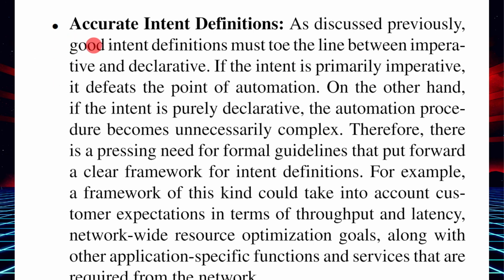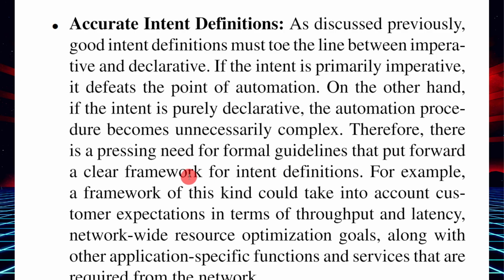The first is accurate intent definitions. As discussed previously, good intent definitions must toe the line between imperative and declarative. If the intent is primarily imperative, it defeats the point of automation. On the other hand, if the intent is purely declarative, the automation procedure becomes unnecessarily complex.